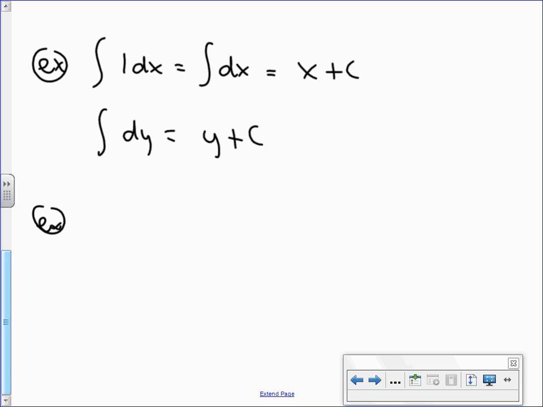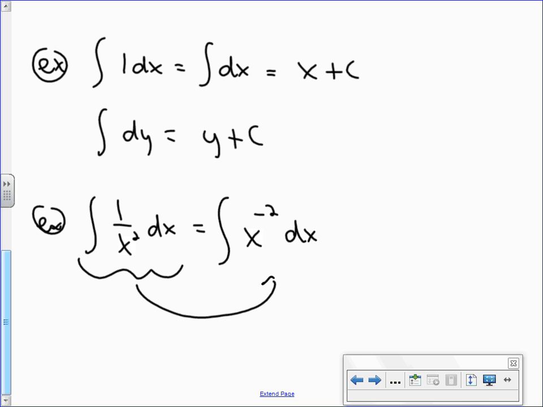Another one? Okay? This does not fit into the rules that I've given you. I've not given you any rules for how to take the antiderivative of 1 over something. You have to have x to a power to use the rules that I've given you. So you're going to rewrite, pull this up to the top and make it x to the negative 2. You can't use the power rule on this.